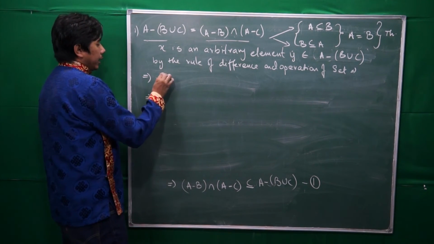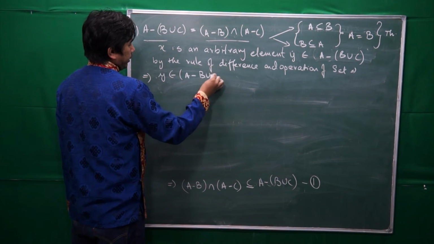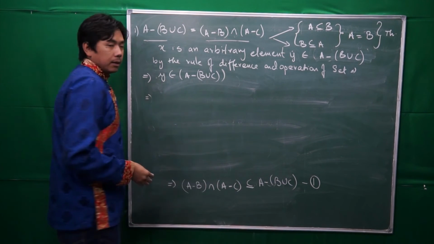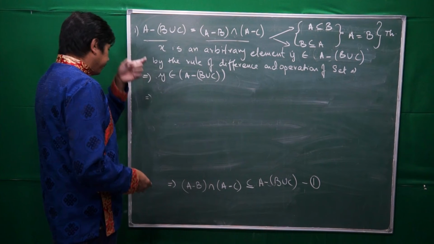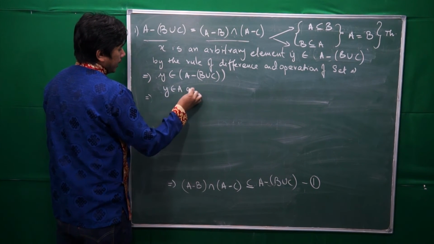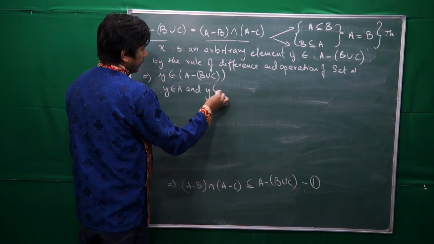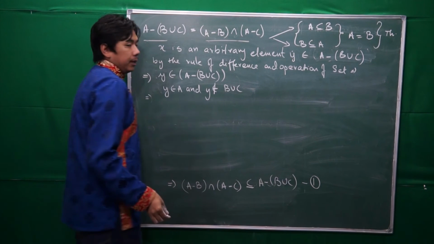Now let's say Y belongs to A minus B union C. As we did earlier, it would be the same over here. Y belongs to A and Y does not belong to B union C.